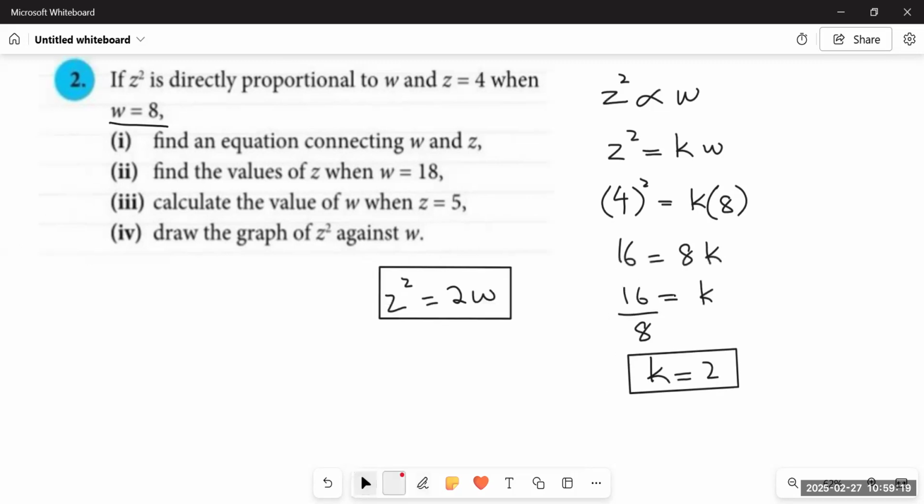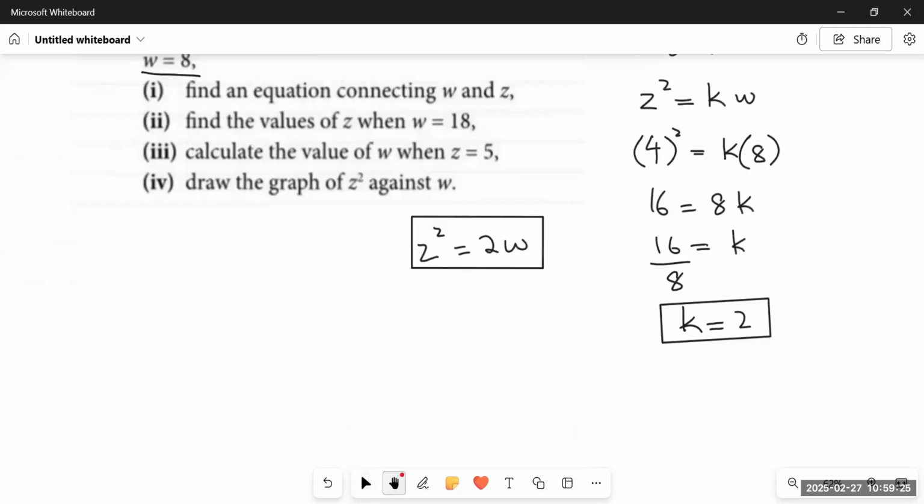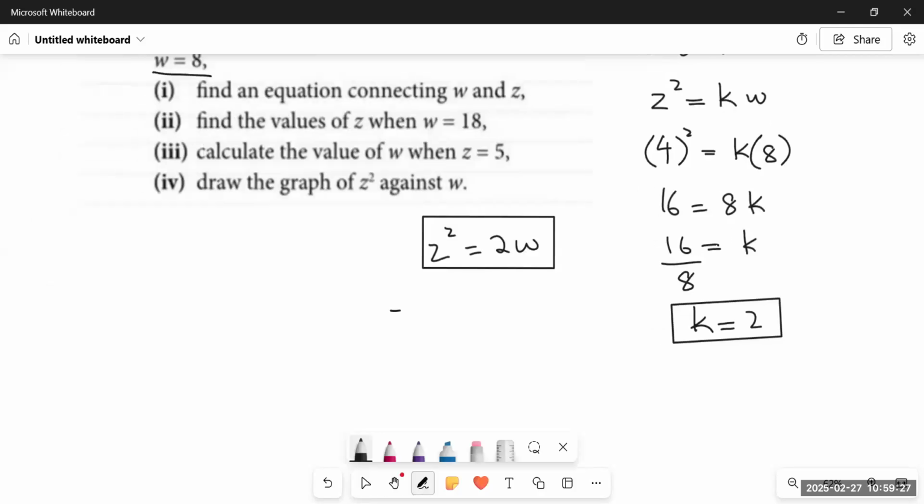Now, in part 2, we have to find the value of z when w equals 18. Using this equation, we will write it as it is. z square equals 2 into 18, which is 36. And I told you whenever we get a number in square, we have to take the square root on both sides.